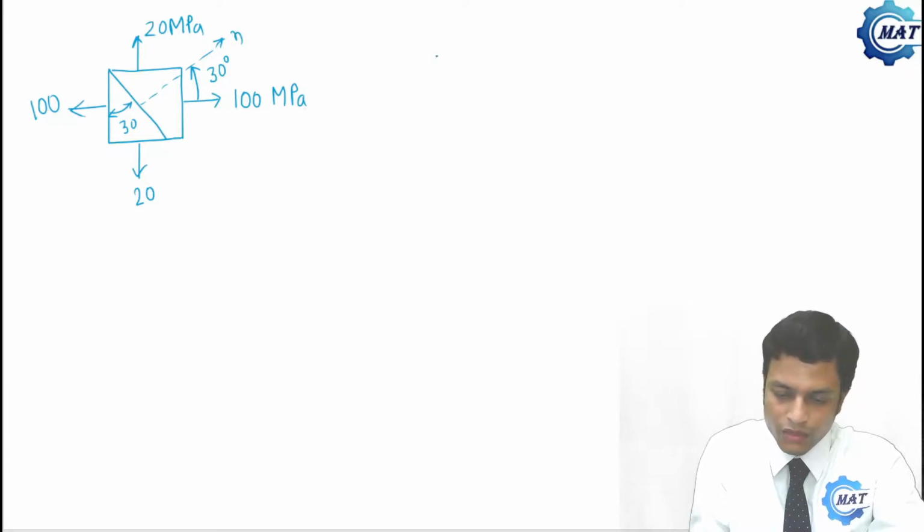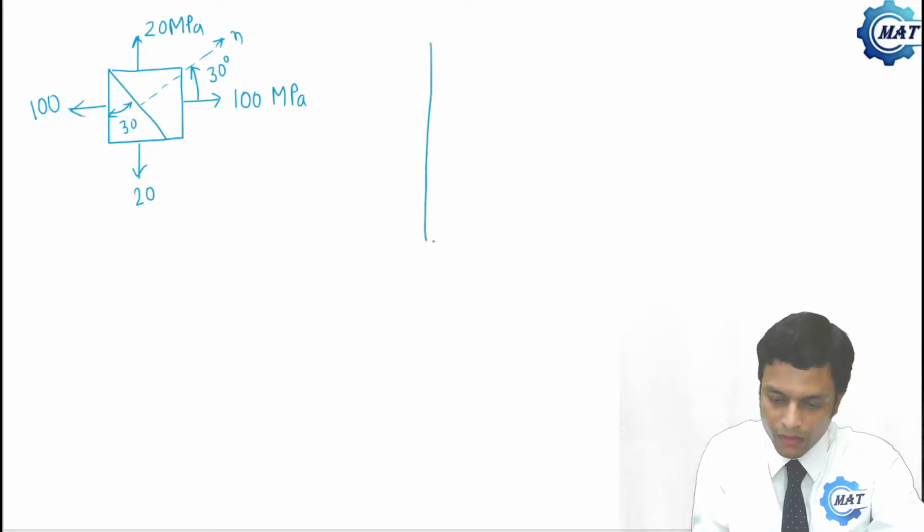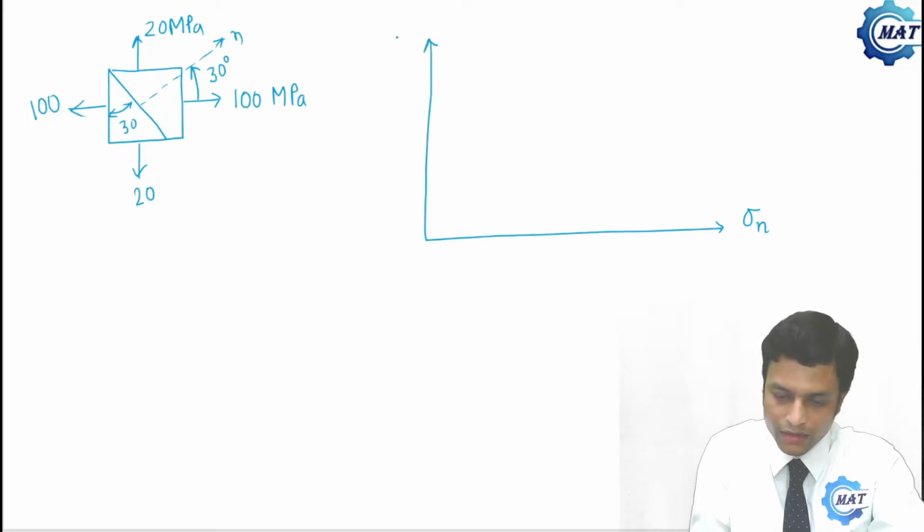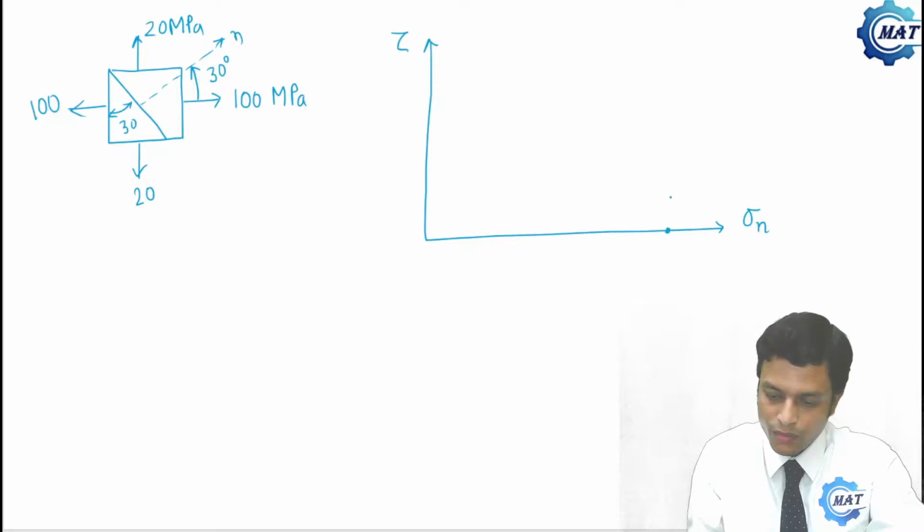We will plot the Mohr circle like this. Sigma n, this is tau. First of all, this is 100, so we plot 100 as sigma x. Then we plot 20. So this is the center.